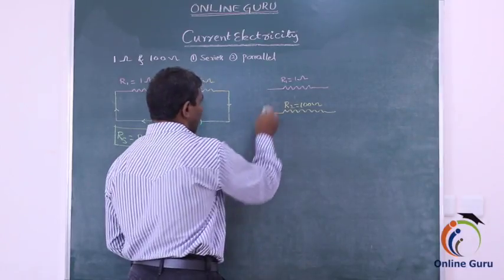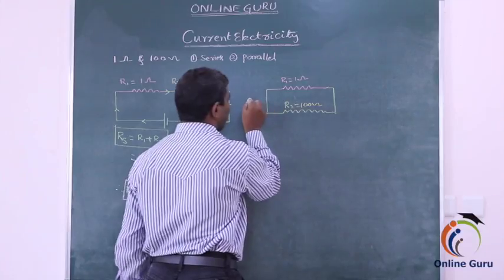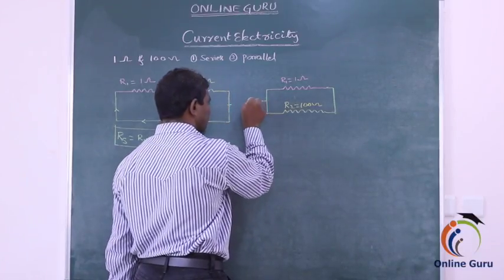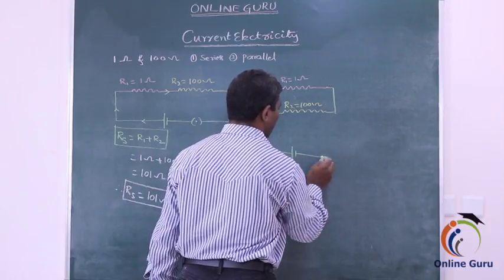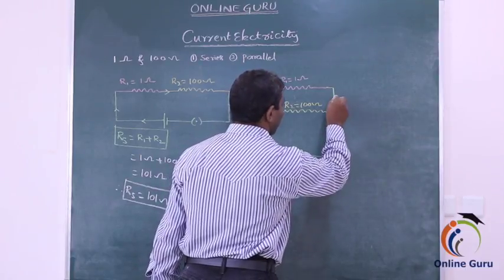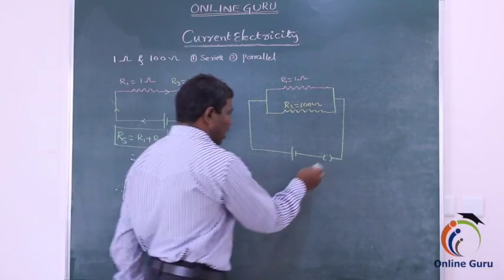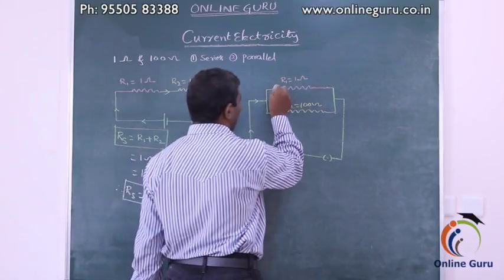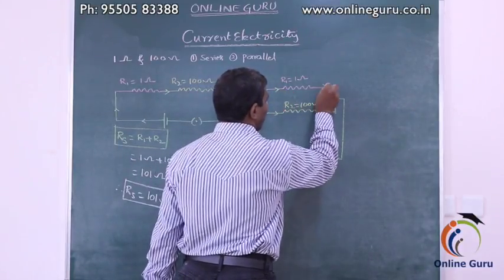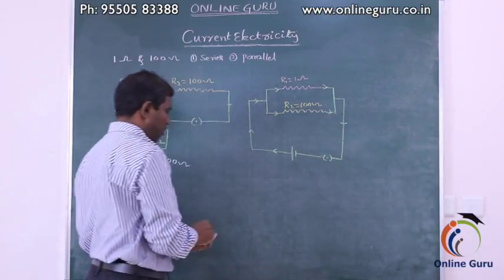These both are connected in parallel across a cell through the battery or key. When these are connected in parallel, then what about the resultant resistance in a parallel combination?